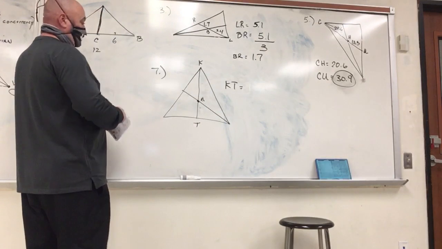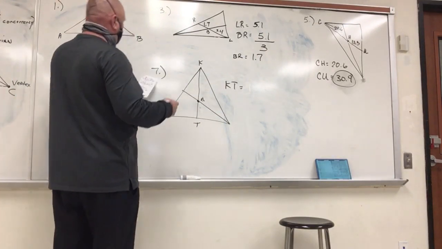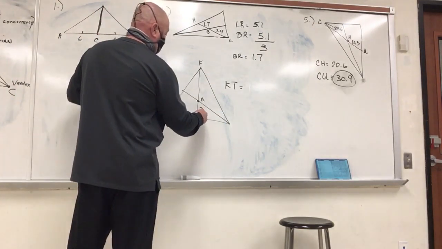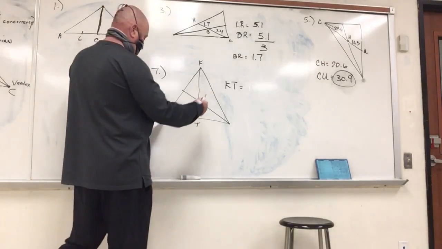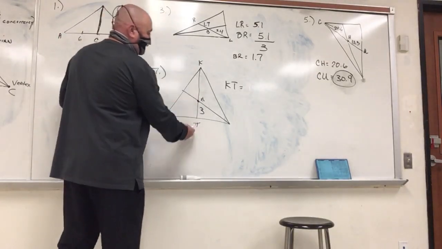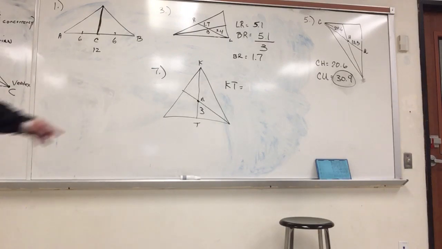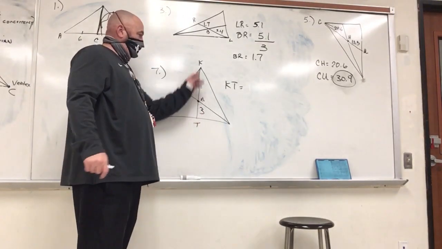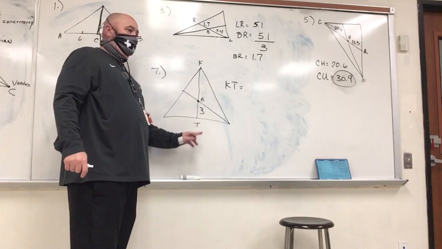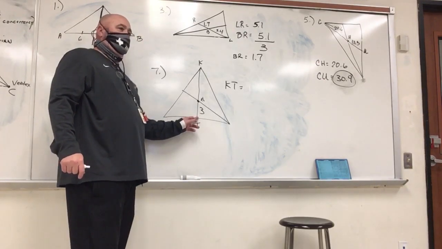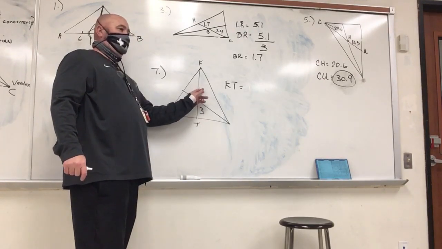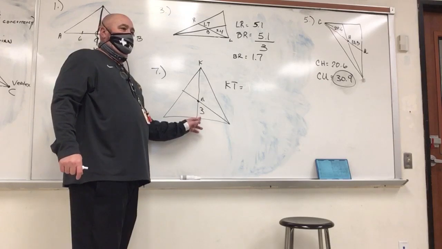Here we go. This segment is 3. Find what KT is equal to. Well, what do you got? You got the short segment. How do you find the long segment given the short segment?